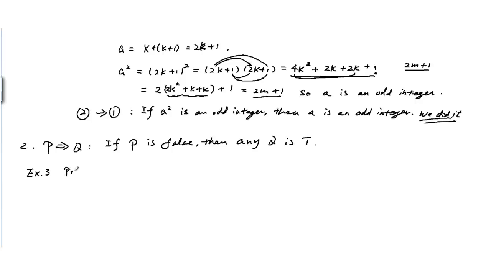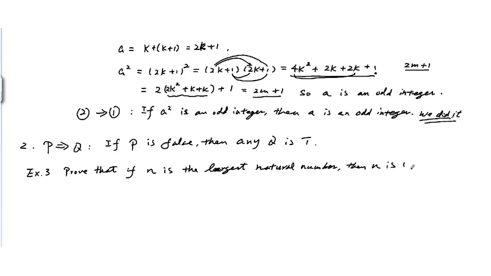Prove that if n is the largest natural number, then n is 1.